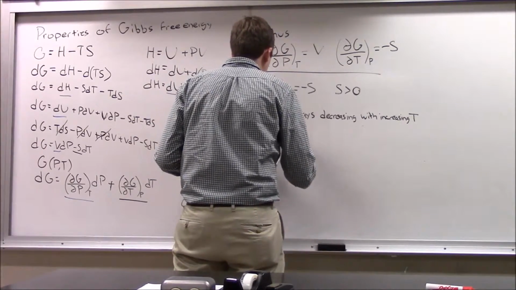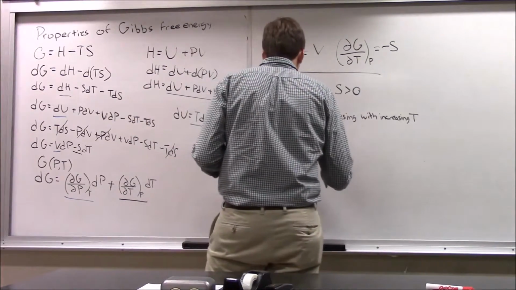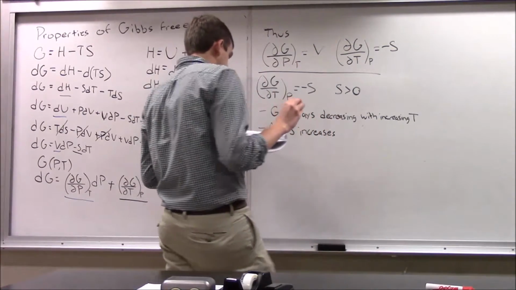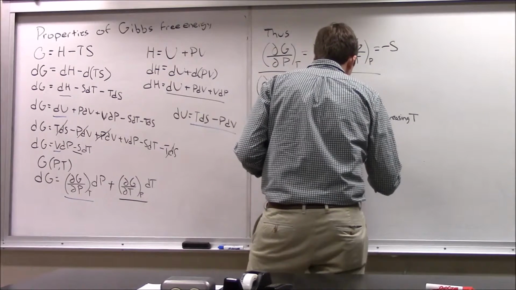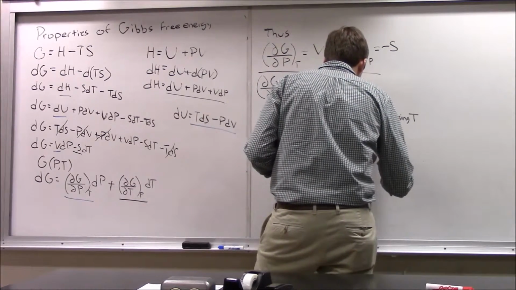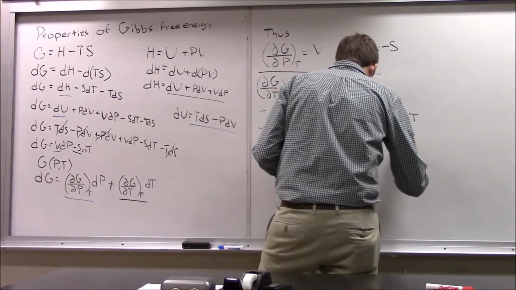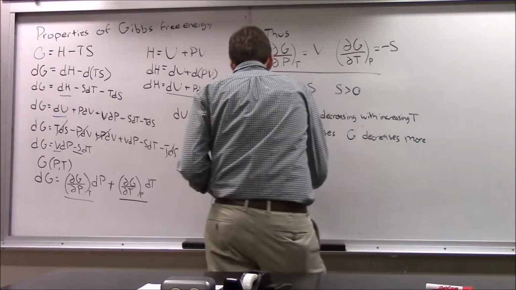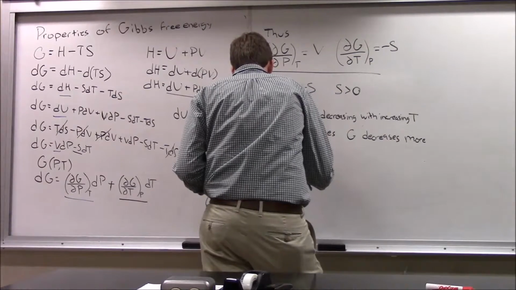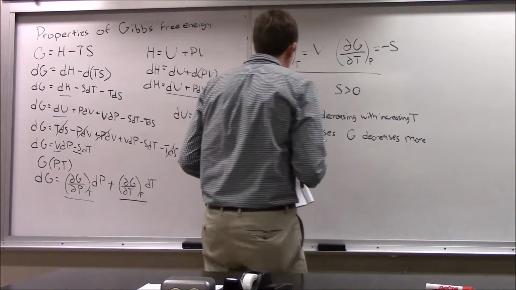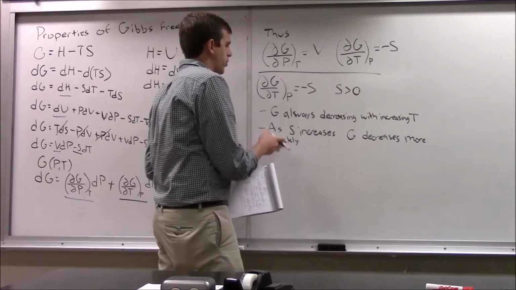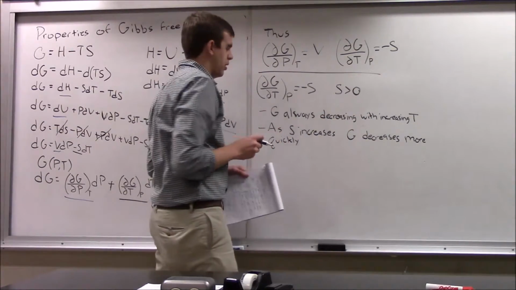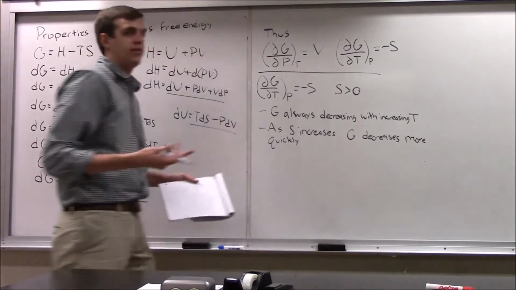As our entropy increases, our Gibbs free energy decreases more quickly. The slope is more negative, so it's still a function of temperature, it's just more sensitive to it.